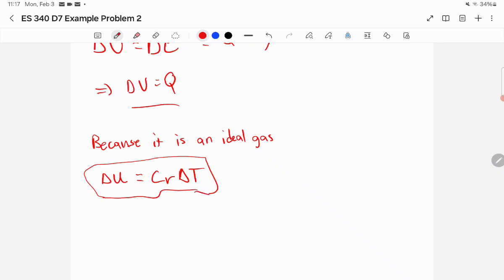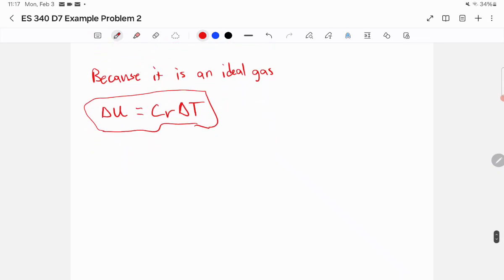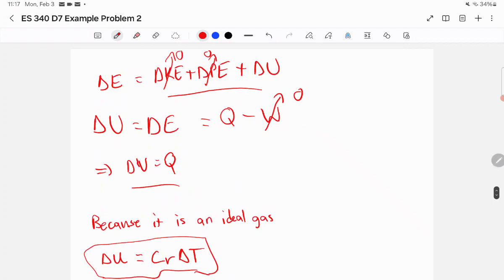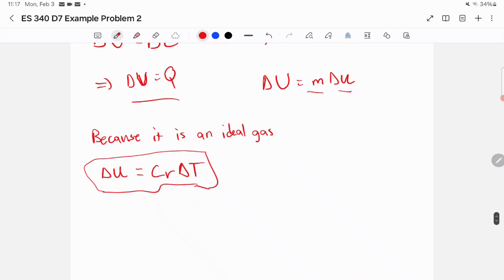So this equation holds for an ideal gas, and thus we can find delta little u. We then have to multiply it times m: delta U is equal to m times delta little u. We have to find m and delta little u, and because we need delta little u, we have to find Cv.